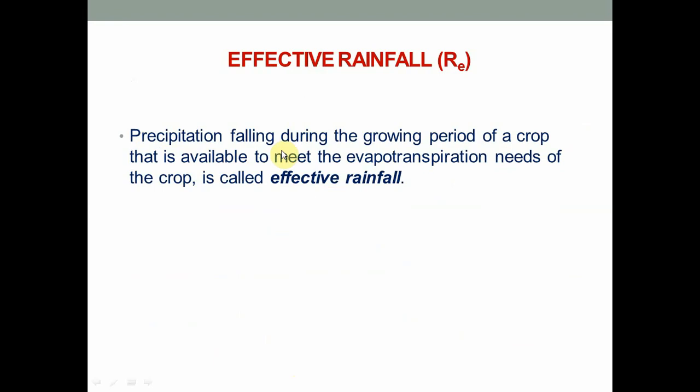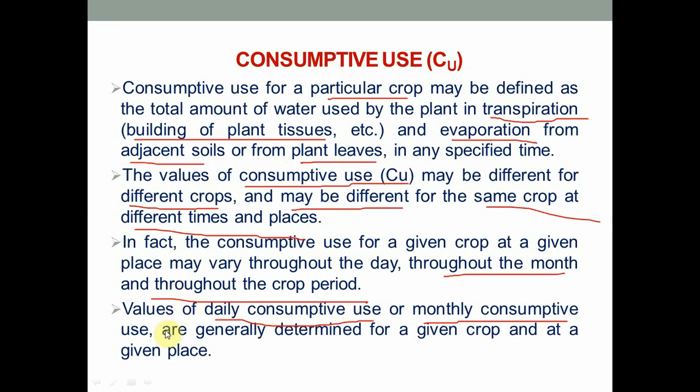The precipitation falling during the growing period of a crop that is available to meet the evapotranspiration needs of the crop is called effective rainfall. Now, if we go to the last slide, what was consumptive use?